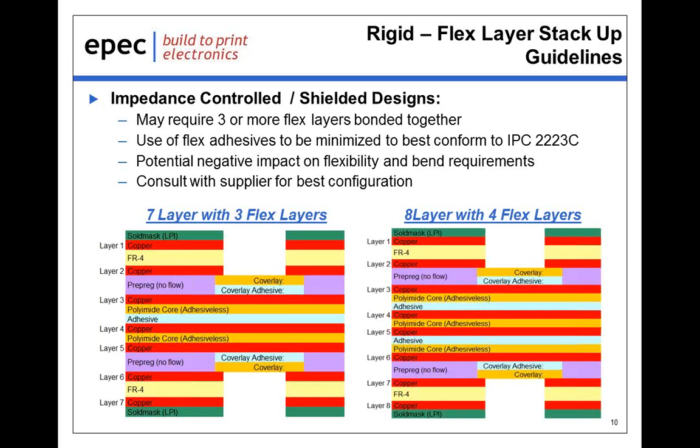In these designs, it's very important to use a layer structure that minimizes the amount of adhesives used to bond the flex layers together, which in turn allows the design to best conform to IPC standards and provide the highest degree of reliability.